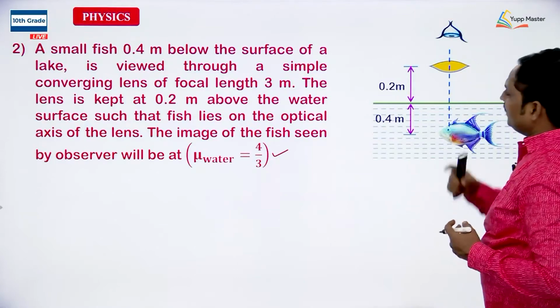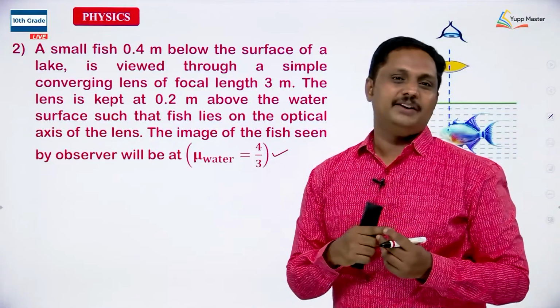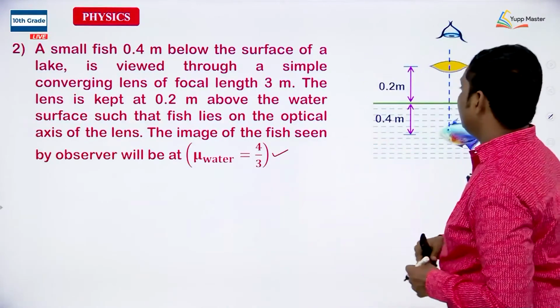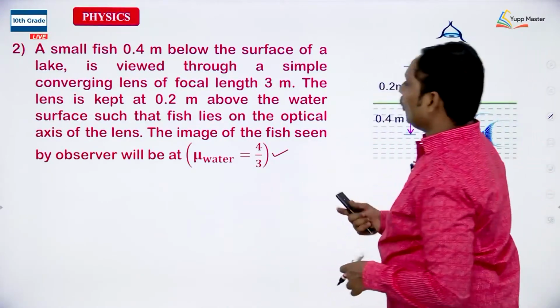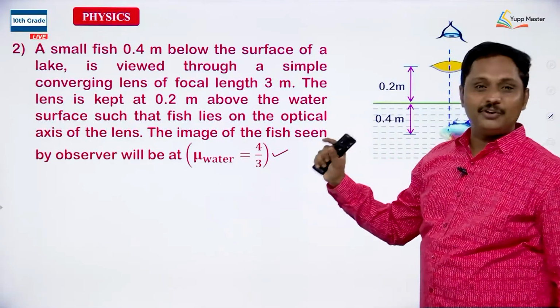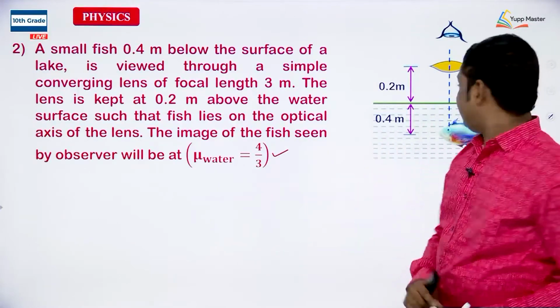It is going to be identified with the UV method, which is related to focal length. What is our aim in this problem? We have to calculate the distance at which the image of the fish is seen by the observer.